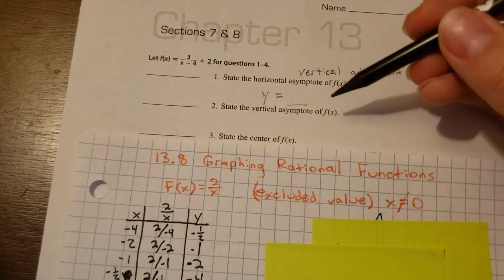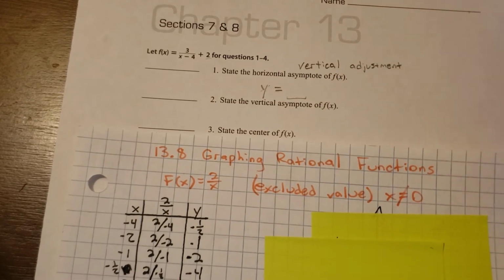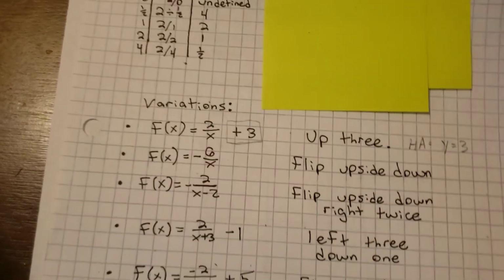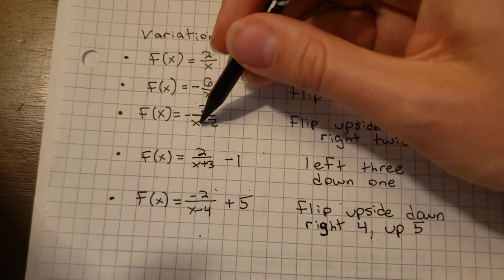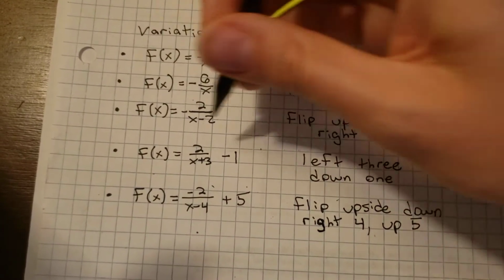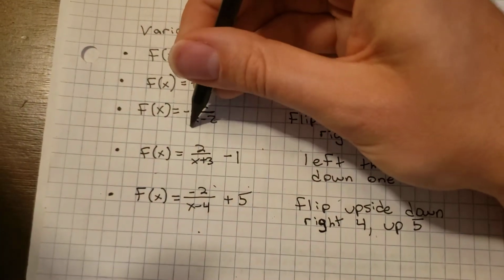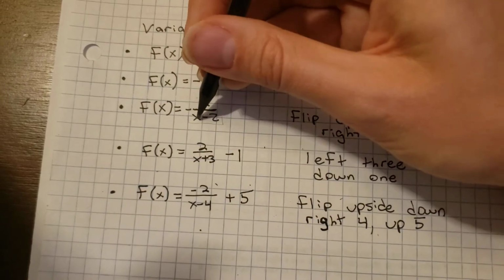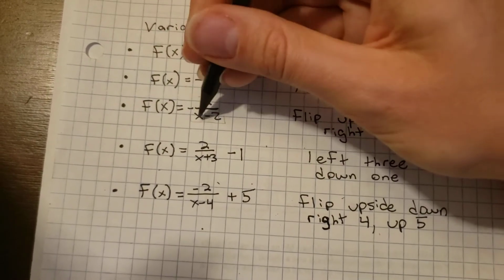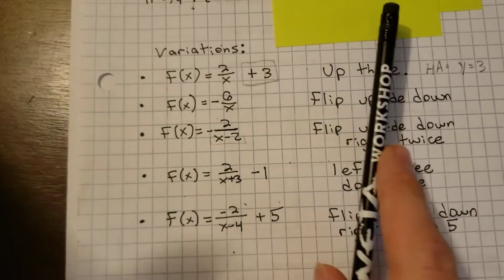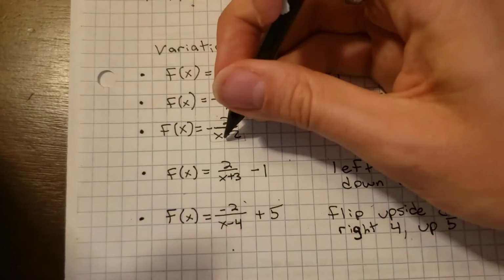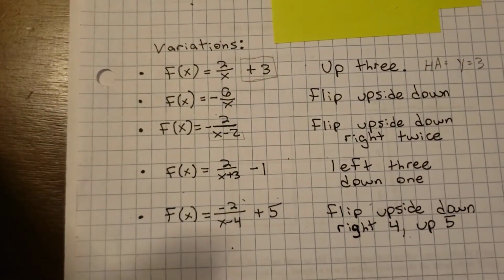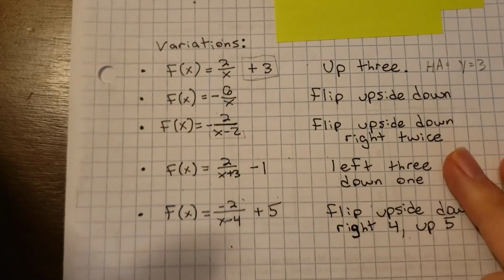Now for the vertical asymptote, let's look at this guy here. Now remember, whenever it's adjusting the x value, you've got to switch the sign. That's why here we're moving right twice.